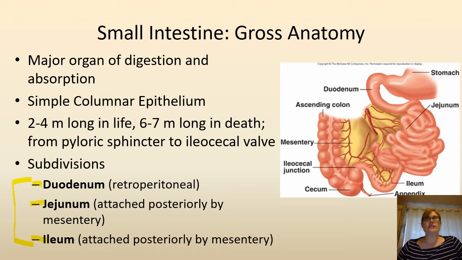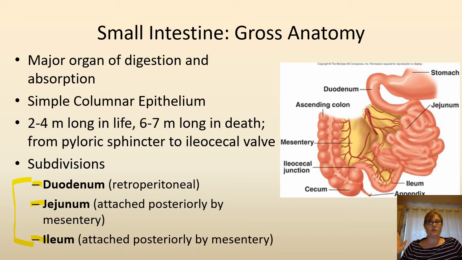We had stratified squamous epithelium through the mouth, the pharynx, and the esophagus. Then when we got to the stomach, we are now simple columnar epithelium, and we're staying simple columnar epithelium throughout the small and large intestines until the very end. Gross anatomy of the small intestine: made of 3 parts, 2 to 4 meters long when you're alive.